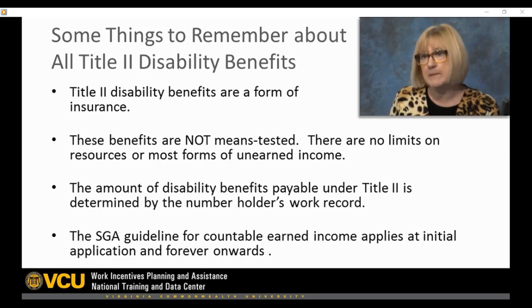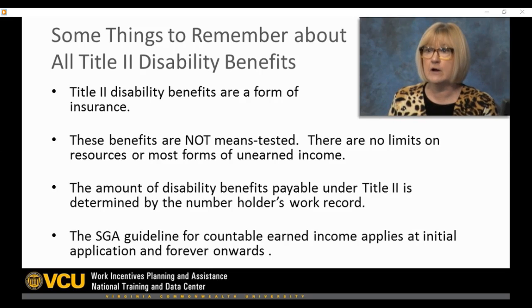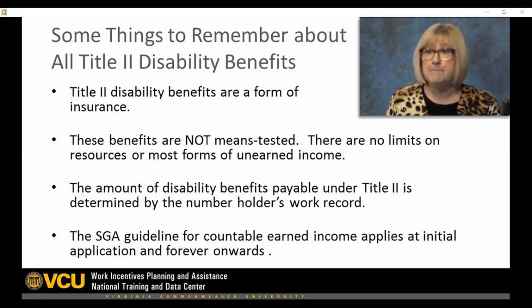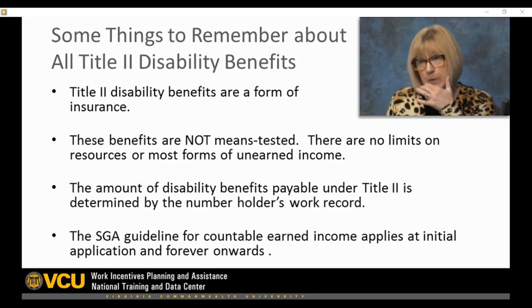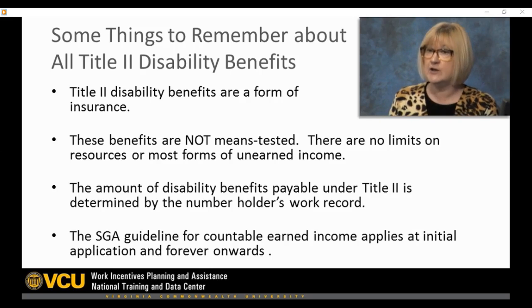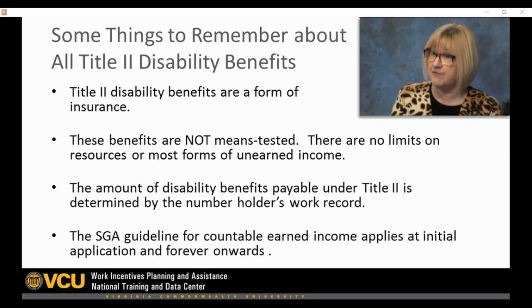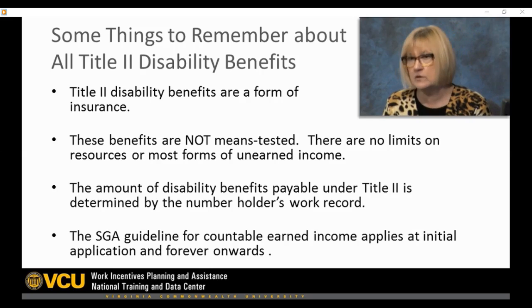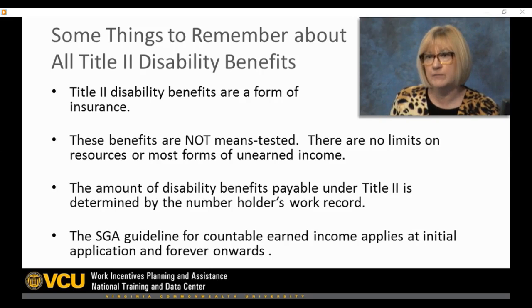So some things to remember about the Title II disability benefits, the CDB and the SSDI. They're a form of insurance, right? So there's no means testing. That's the second bullet, and that's really important to know. Although work and earned income might affect your benefit and your eligibility, Social Security has no interest in your resources or assets or things that you own or unearned income that you receive.